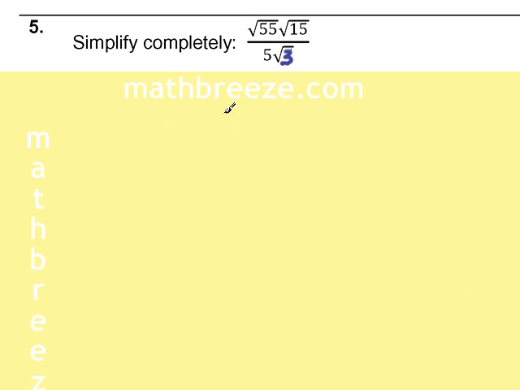In number 5, let's start by dividing 3 into 15. So we have square root 55 in the numerator, and 3 into 15 is 5. So here we have square root 5. We're dividing underneath the square root symbol. And in the numerator, we have a factor of 5 in square root 55. So let's factor that as square root 11 times square root 5.